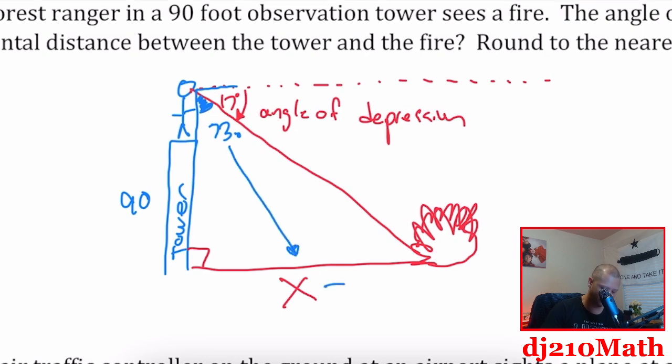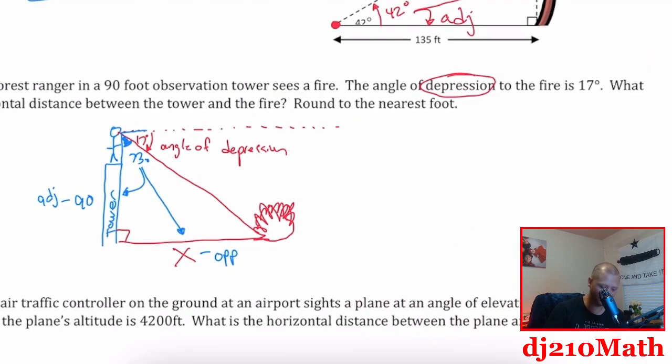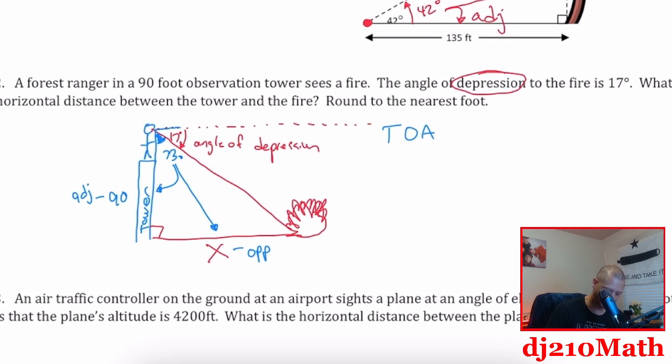Opposite is what we want. What we know is the adjacent side. So opposite and adjacent, TOA, tangent. We're going to use tangent to figure this problem out. So tangent of 73, not 17, but 73, is equal to the opposite over adjacent, which is 90.